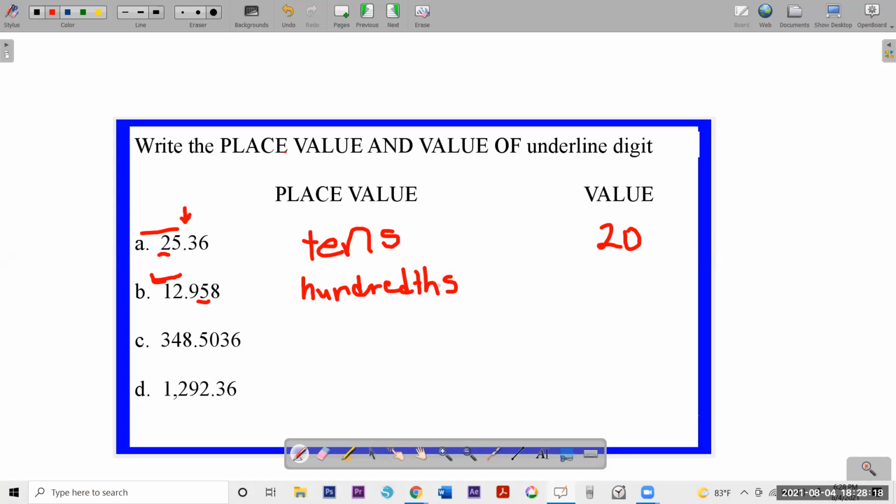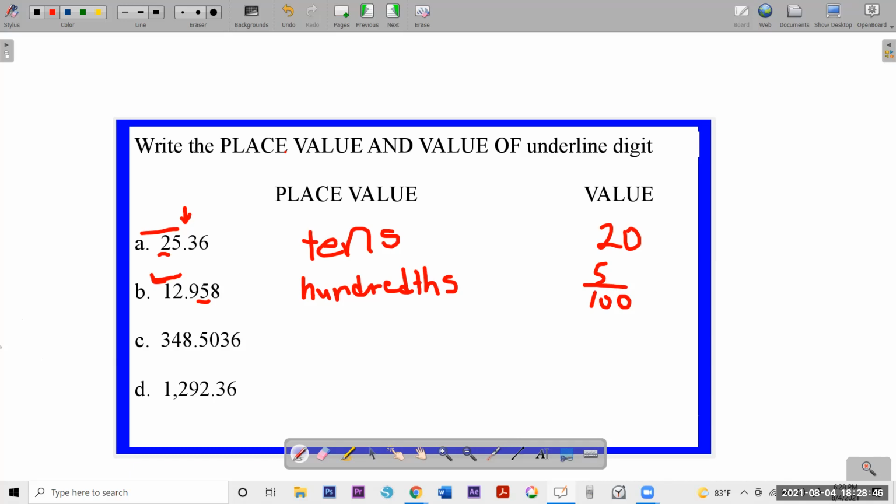Since we know it's hundredths, this is almost like a cue or a signal or a clue of our value. So it must be 5. It would be 5 out of 100. Because if you were to pretend like no other number was there and it was just 0.05, it would be 5 out of 100.